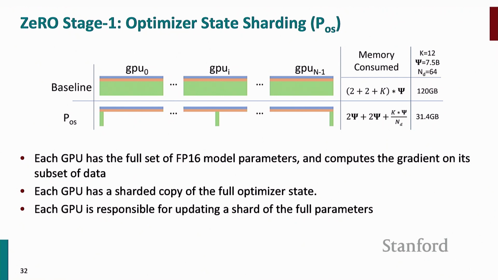So the way we're going to improve our memory scaling is via a set of techniques that are together known as ZeRO. That stands for Zero Redundancy Optimizer. This was a set of techniques released by Microsoft as part of their DeepSpeed project. Okay?